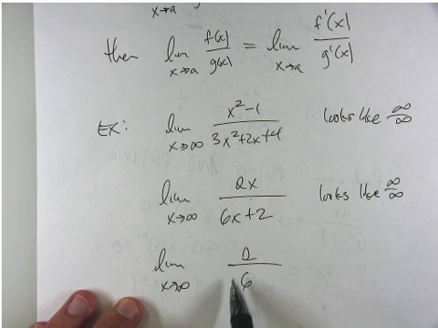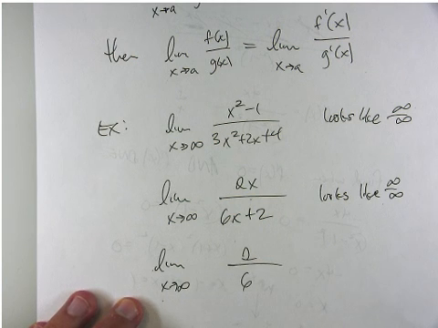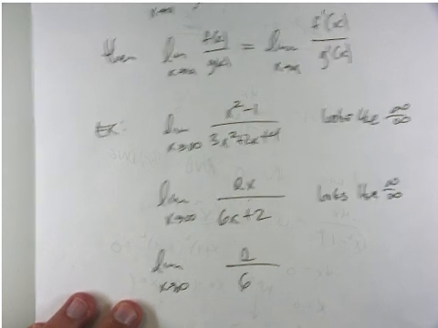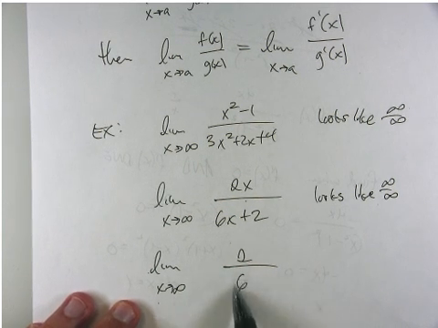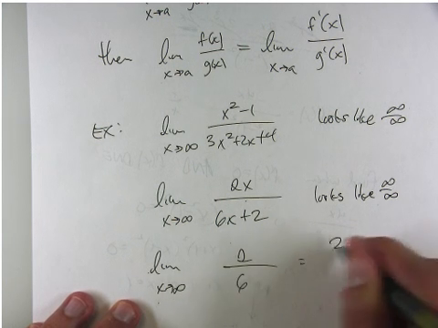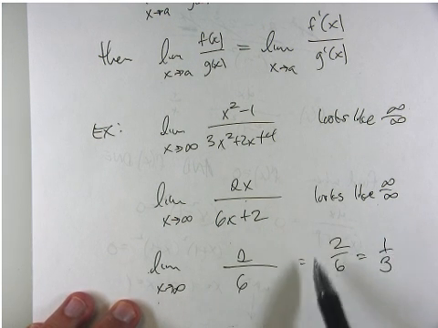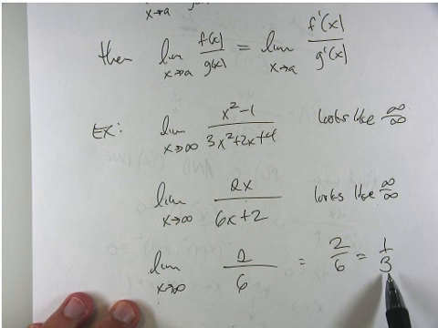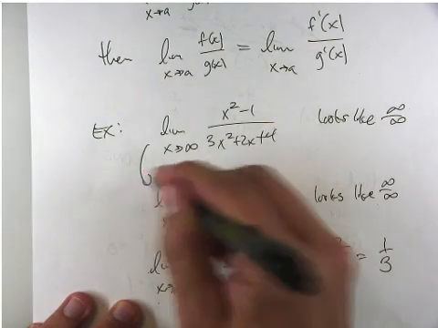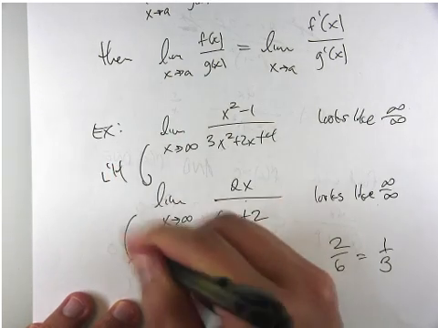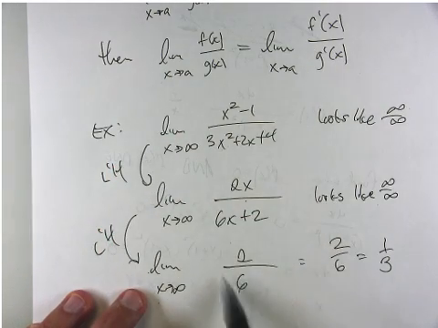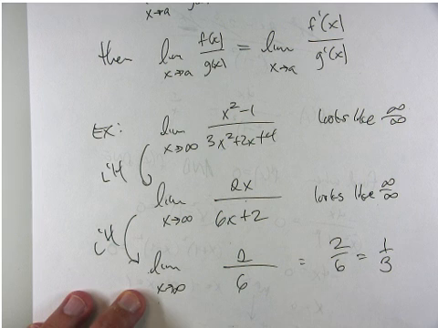And what happens to 2/6 as x approaches infinity? You get 2/6. If x can do whatever you want it to, 2/6 will still be 2/6. And 2/6 is just a fancy way of writing 1/3. So I used L'Hopital's rule here, and again here, and then I got to a place where I could evaluate this limit.